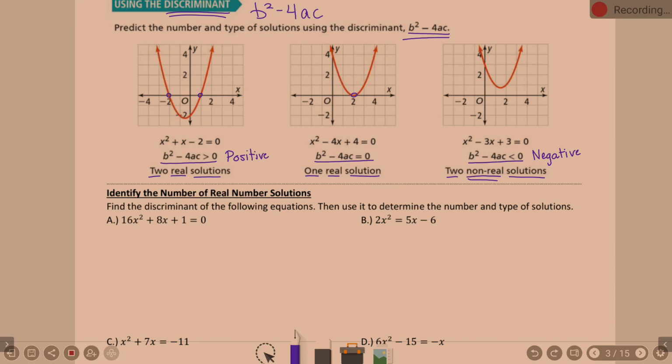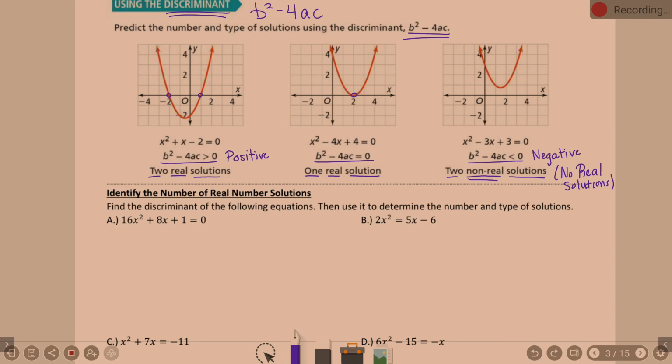I don't think it really asks it in your homework, but it means there are no real solutions in that scenario. And you'll notice here, my graph does not touch the x-axis. So there's no real solutions, there's just a couple of imaginary solutions.